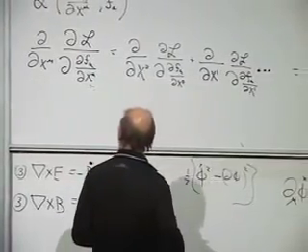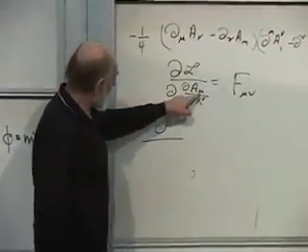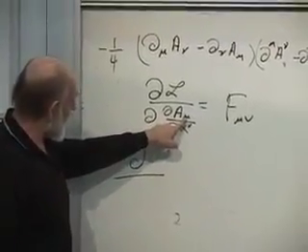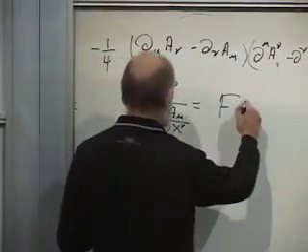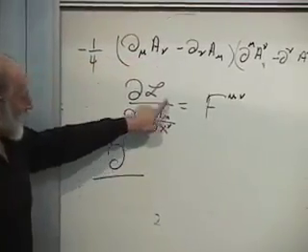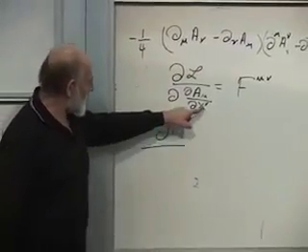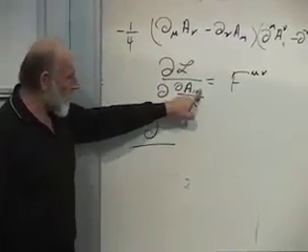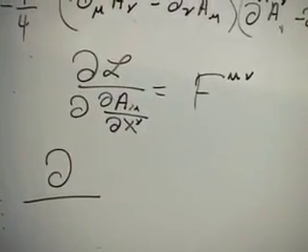You have an x mu downstairs and an x nu downstairs. This is a lower index, so I guess it should be upward. I think it's F mu nu upstairs. This is a lower index in the denominator, so that makes it an upper index. And this is a lower index in the denominator of a fraction here. Yeah, it's F mu nu, both of them upstairs.